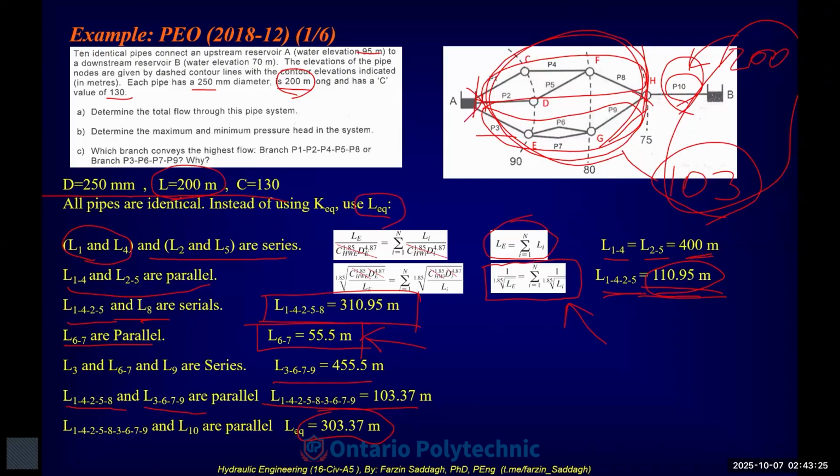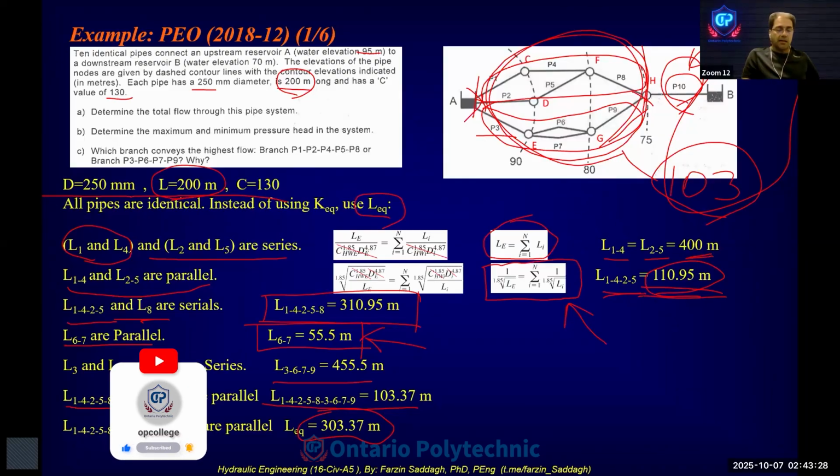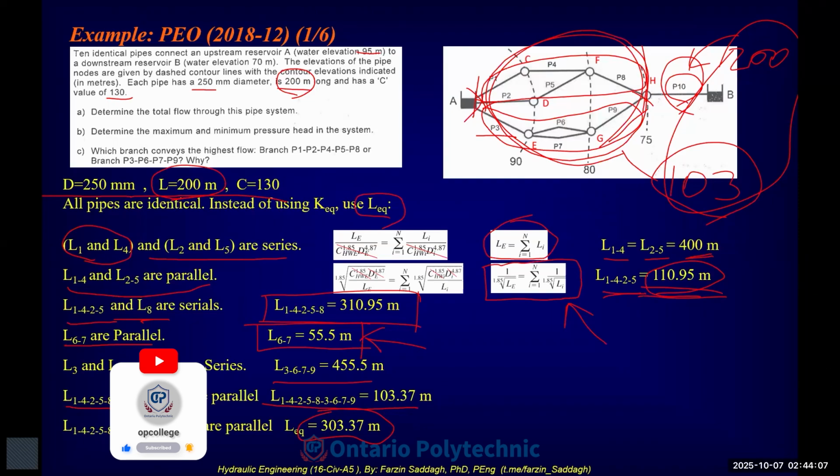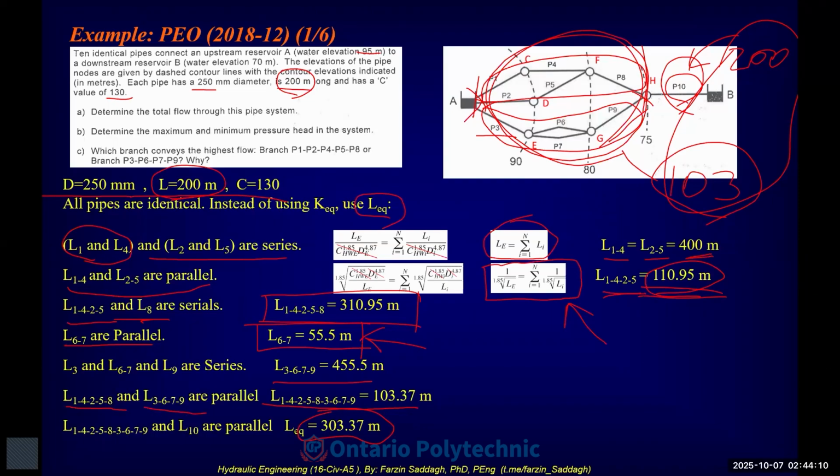In the previous example, my emphasis was on calculation of K, because it's a general solution for the case where we don't have similar parameters for L, D, or C. But when we have similar parameters, we can calculate based on other parameters, and then you don't need to calculate K. Teacher, I calculated and I get the same result from L and K. Both of them are the same. You mean for this question or the previous? For this question.